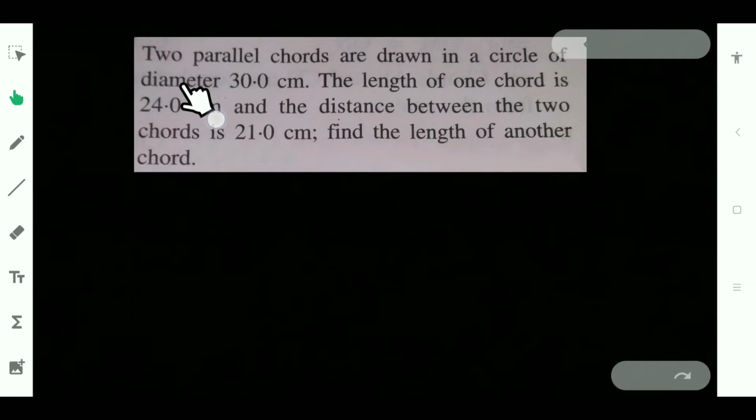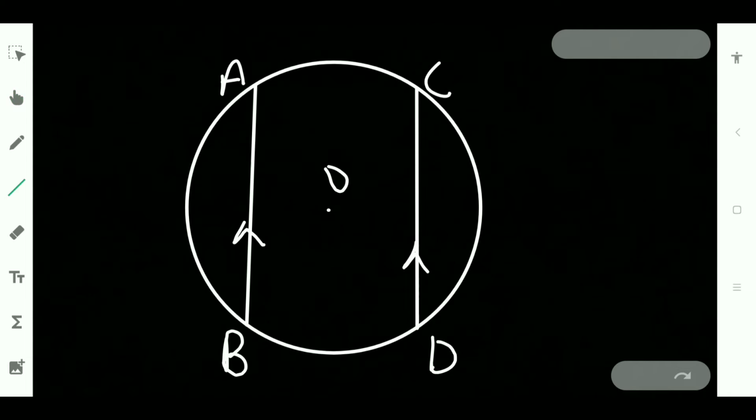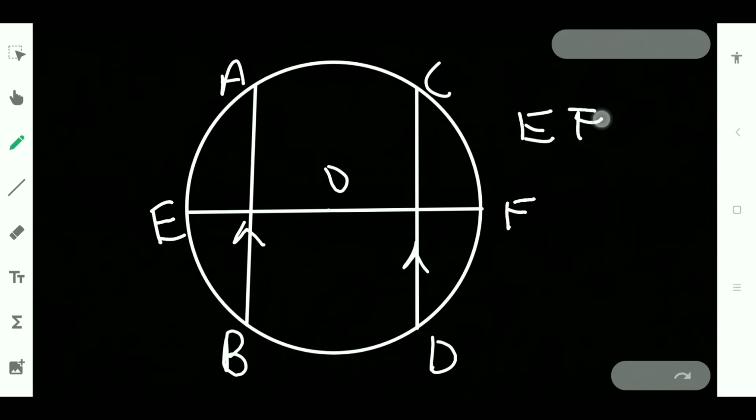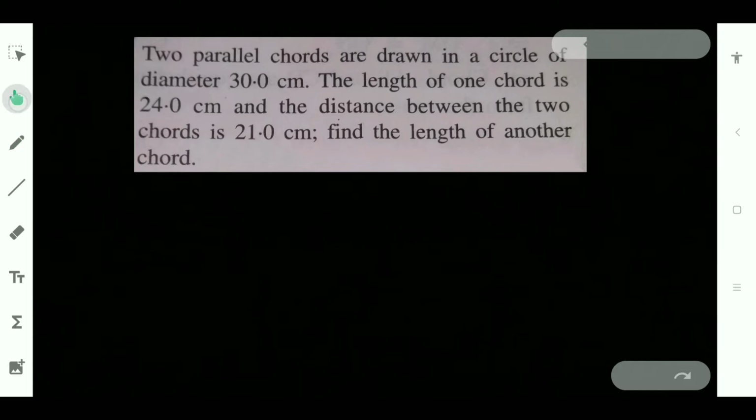Chords are drawn in a circle of diameter 30 centimeter. Diameter is nothing but the longest chord passing through the center. Let us take it as EF. So EF is equal to 30 centimeter. Now we have the length of one chord as 24 and the other chord is not given.